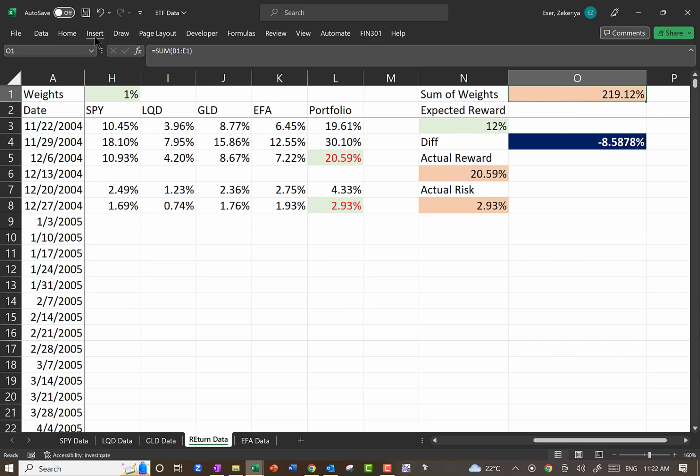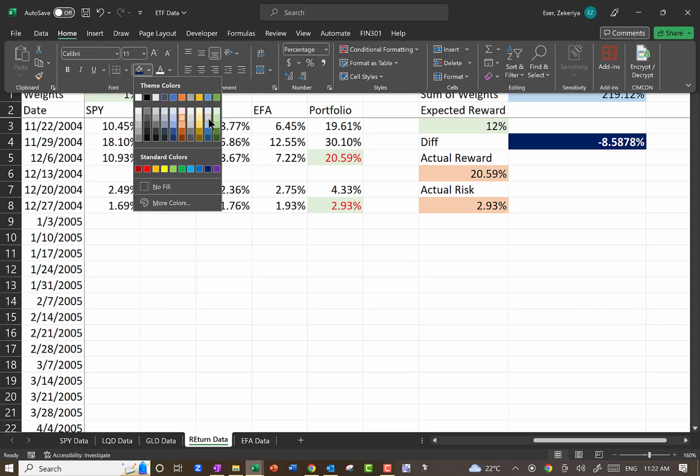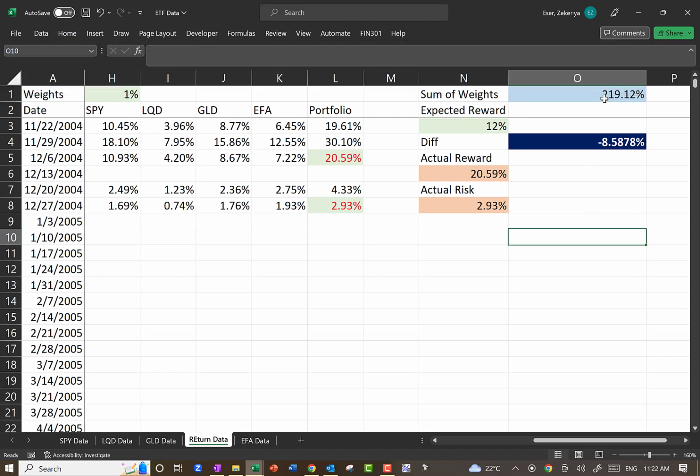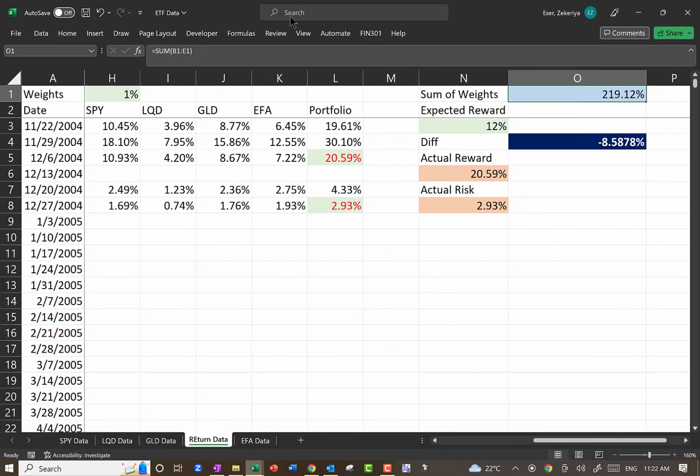Let me change the color code on that. Maybe bluish, just to remind me that it's a little bit different. So whatever those weights are, they need to obey two restrictions. One, the sum of them should equal one, and two, the average return during the life of these funds should equal a given number.